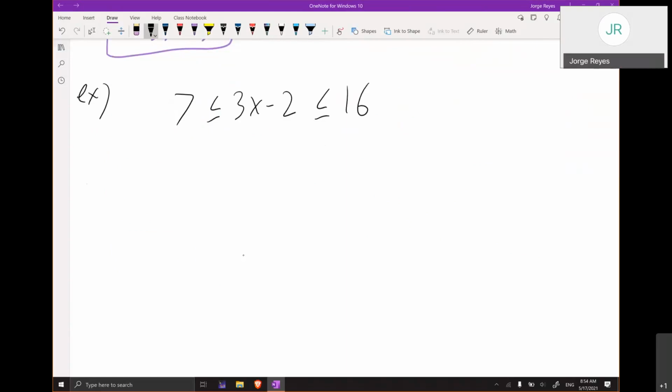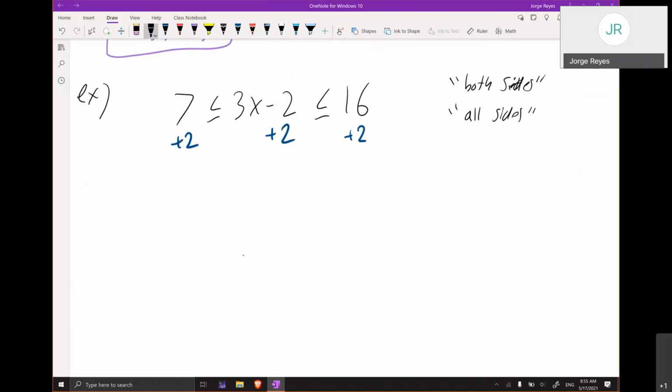Well, when we had equal signs, we always add to both sides. That's the rule when we're adding and subtracting. So now you could just think about it as adding to all sides. My first step is I want to get rid of this 2, because I want to solve for x. So I have to add 2 to all 3 sides.